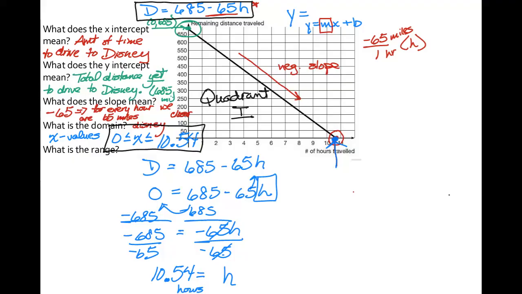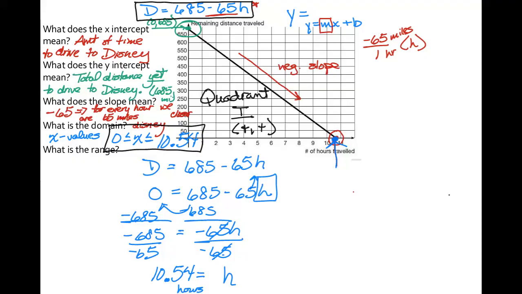Quadrant 1 is always positive, positive, meaning your x values are positive and your y values are positive. This is where real life situation problems happen most of the time, because we can't have negative hours traveled or negative distance remaining. I think that's kind of important to talk to you about.